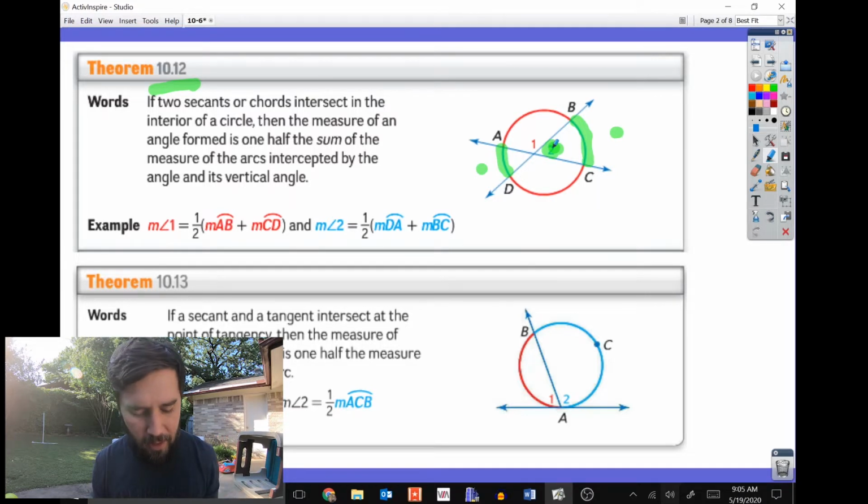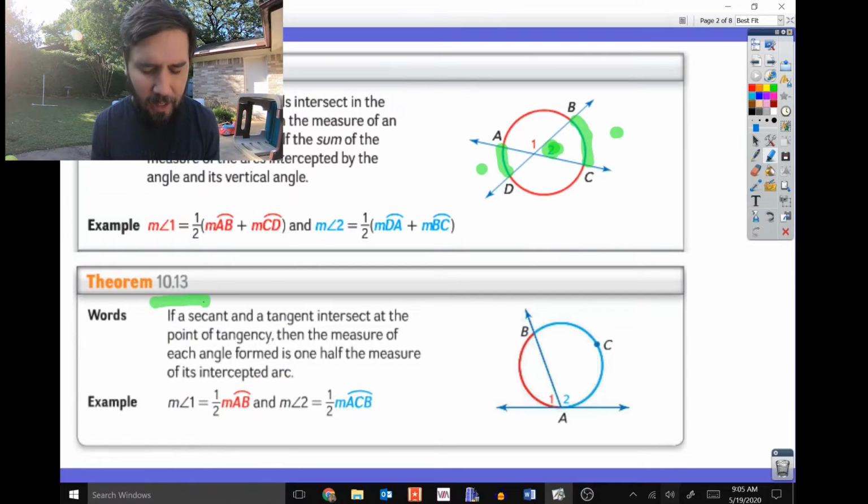The next one, theorem 10.13, is what if the angle ends up on the circle? If a secant and a tangent intersect at a point of tangency, then the measure of each angle formed is 1/2 the measure of its intercepted arc. So here I have a tangent and a secant intersecting on the circle.